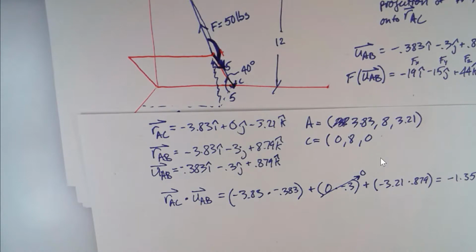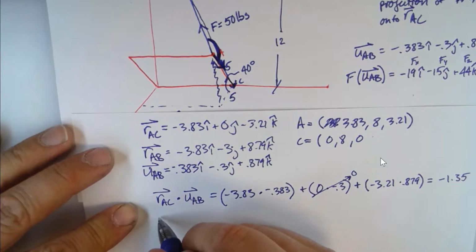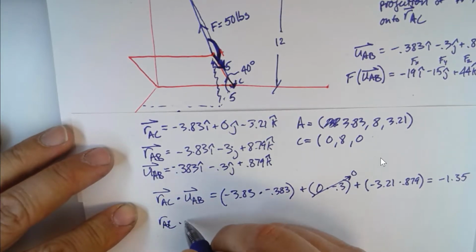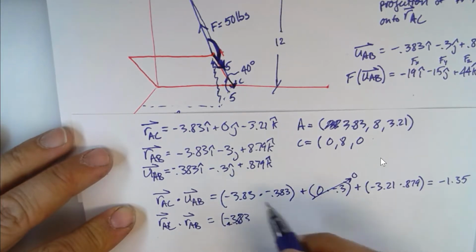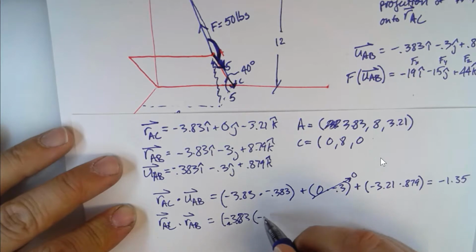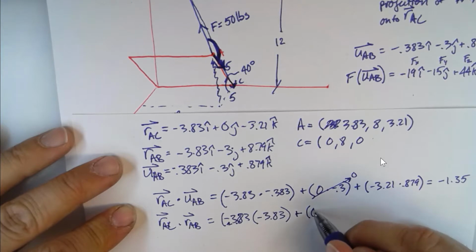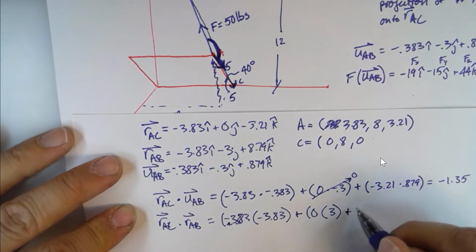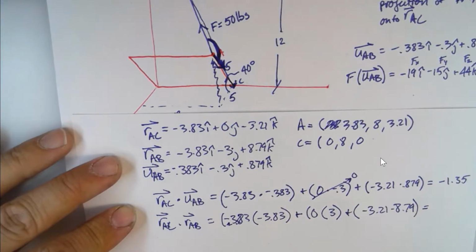Okay, now Brendan had a good question. Why are we using the unit vector versus the full vector? If we use the full vector, so I did RAC dot RAB, which you can do, it's just going to give you something else. Now I'll have negative 3.83 times negative 3.83, plus 0 times 3, plus negative 3.21 times 8.79, and this gives you a much larger answer.